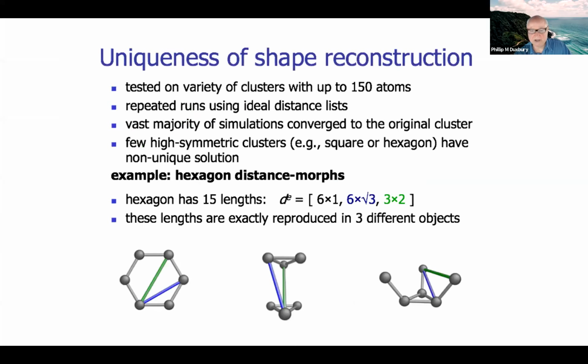One thing that we noticed early on is that the fullerene is not a generic structure. It's got a lot of symmetry. It's got a lot of degeneracy. And we have to worry about uniqueness of shape reconstruction. An example of three different structures that can be generated from the distances associated with the hexagon is shown here. What we found, however, is that once you get beyond 7 or 8 atoms, it's very unusual to get these kinds of degeneracies.